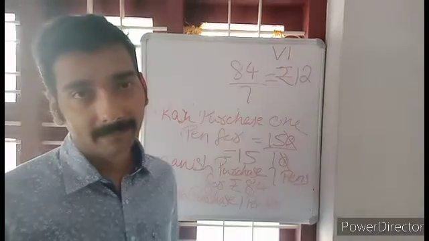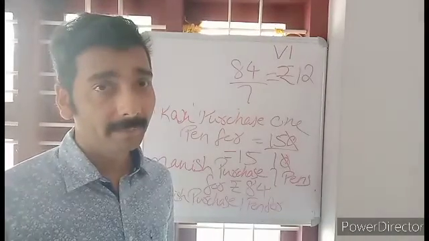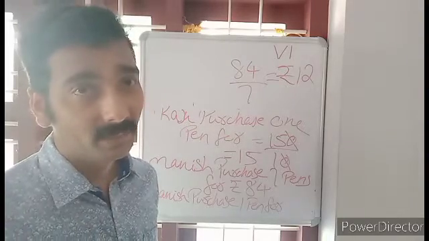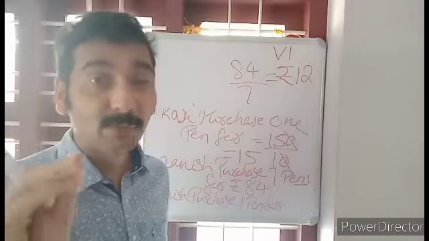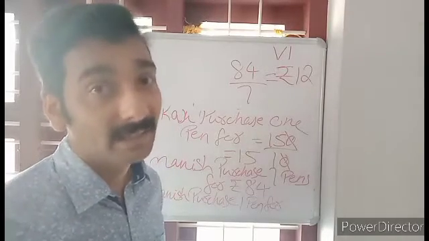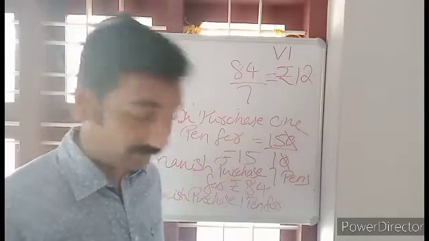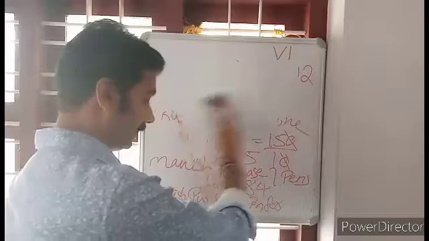Clear? Very important type of questions. This is the last topic, very important type of question related to ratio and proportion. Unitary method based question. Answer rupees 12.